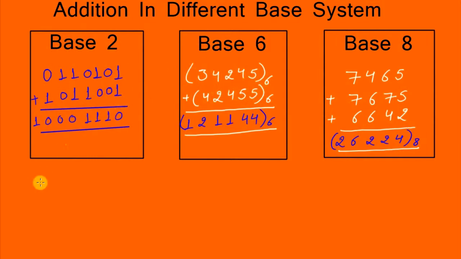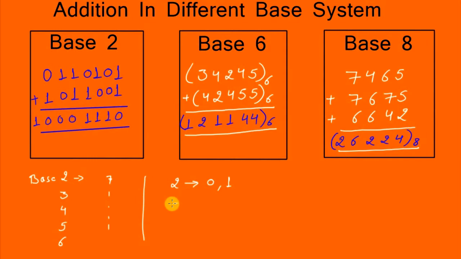There can be base 2, which is called binary numbers, as we have done here. It can be base 3, base 4, base 5, base 6, base 7, and so on, any base. And you know what base means. If I have base 2, it can have only 2 digits, 0 and 1.